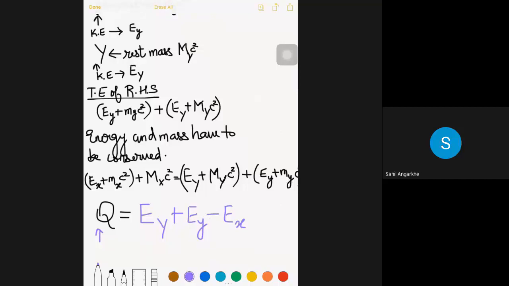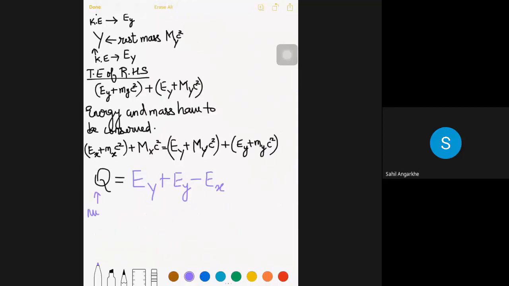And Q is called the nuclear disintegration energy. It is also called the Q value. We'll be studying something called the Q equation also. So remember, Q value and Q equation are different. Q value is nuclear disintegration energy.